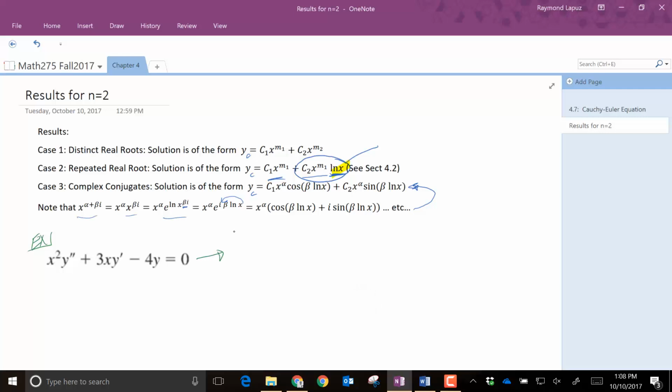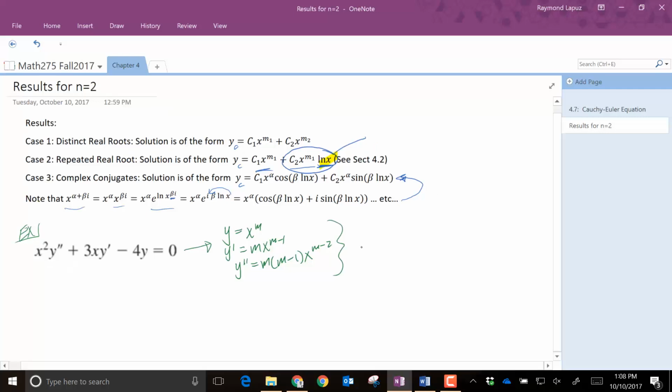You could eventually memorize a formula that comes with this, but if you just remember the basics, our solution is going to be x to the m, and then we have the first and second derivatives. This is always going to be the same for second order, and if you have higher orders, you'll deal with it.